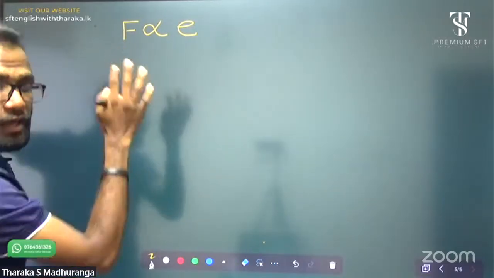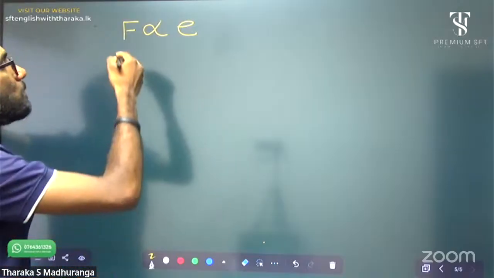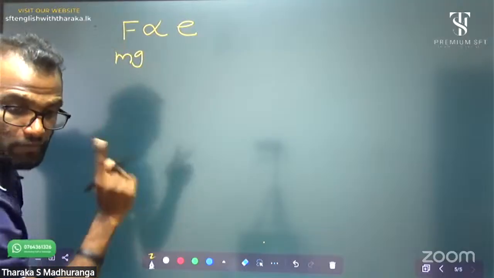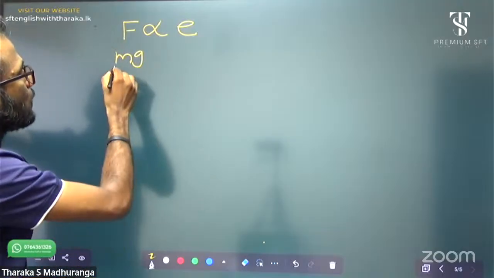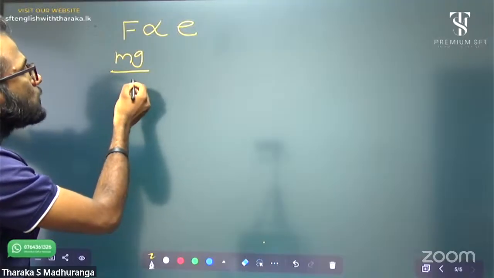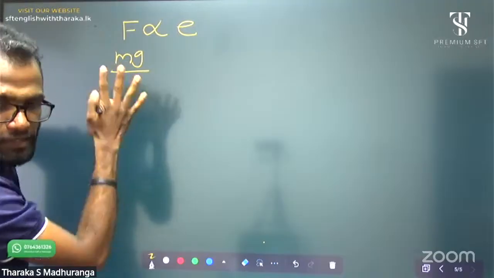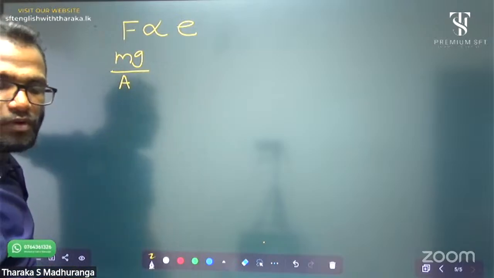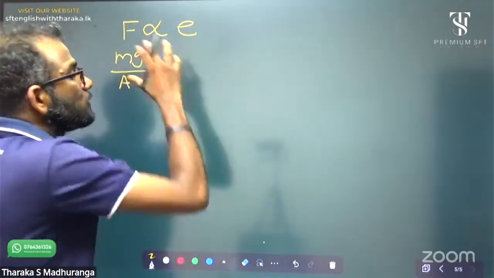Now, what is the meaning of F? The applied force, mg. mg means weight. mg divided by cross section area is what we call stress.